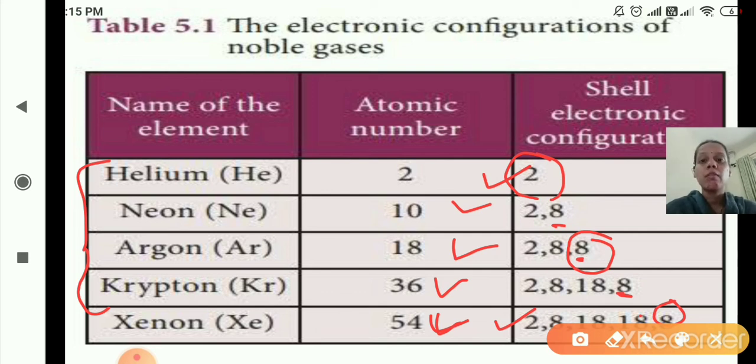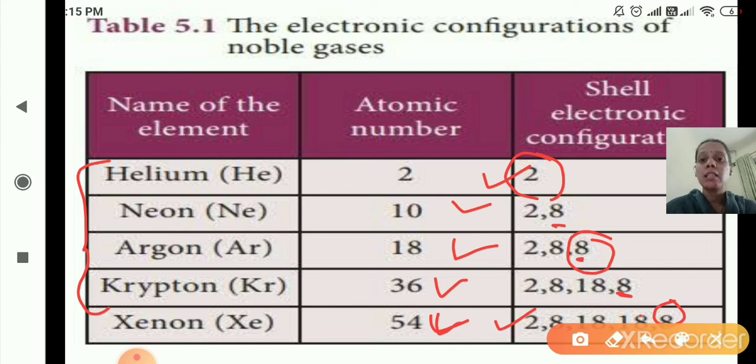I hope you are clear with this. So today we have studied valency. Valency is determined by the number of electrons present in the outermost shell. The outermost shell is called the valence shell, and the electrons present in the outermost shell are called valence electrons.